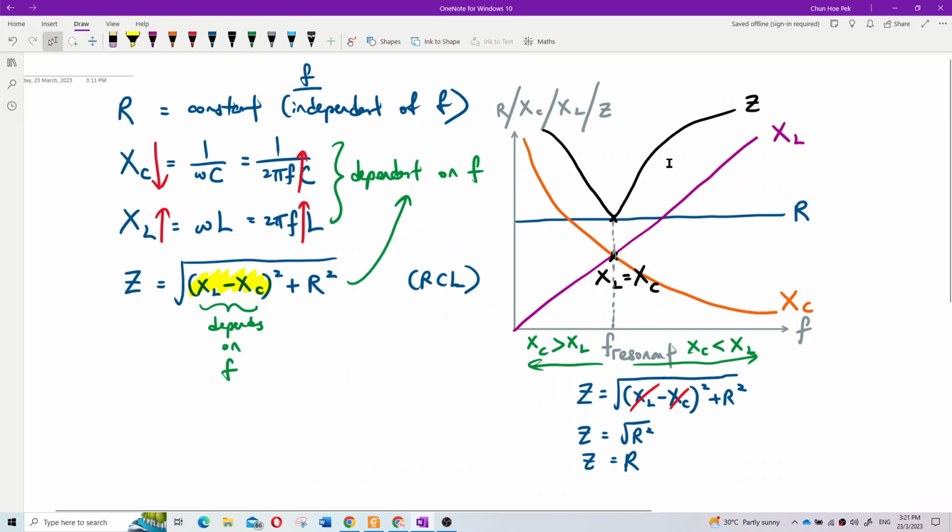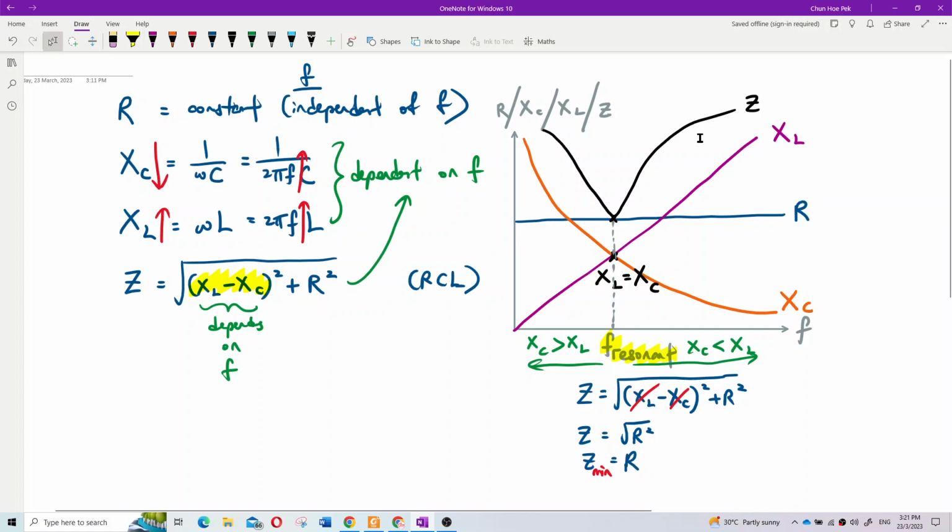So Z is lowest at what frequency? At resonant frequency. Z is at the minimum, understand? It is at the minimum because at resonant frequency XL equals XC, so they cancel totally and we are just left with R. So Z is at the minimum.